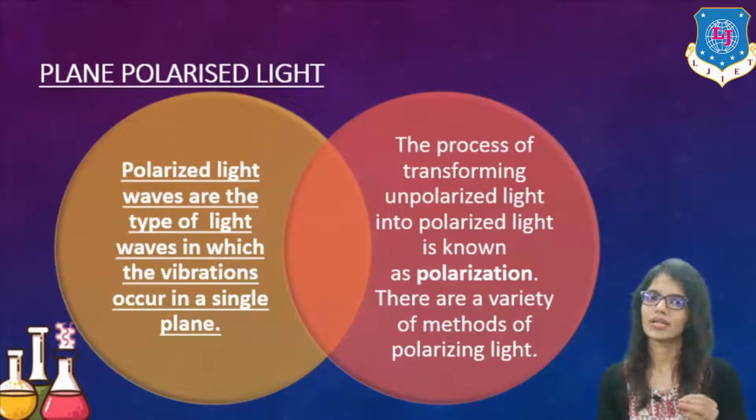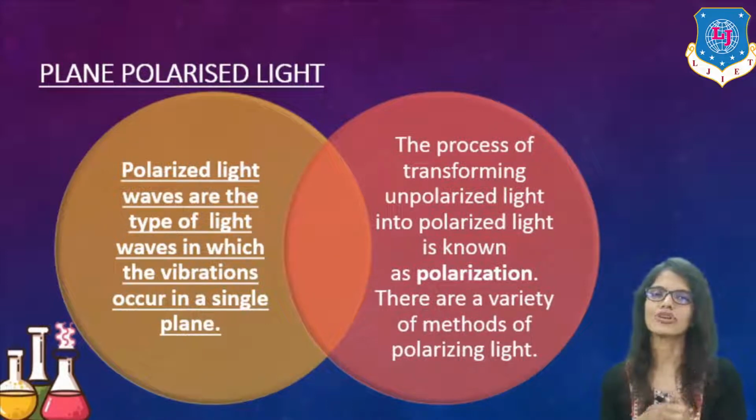And the material which is used to convert unpolarized light to the polarized one is known as a polarizer. Here, polarizers can be a prism, or a grating. All of these can be used to convert unpolarized light to plane polarized light.